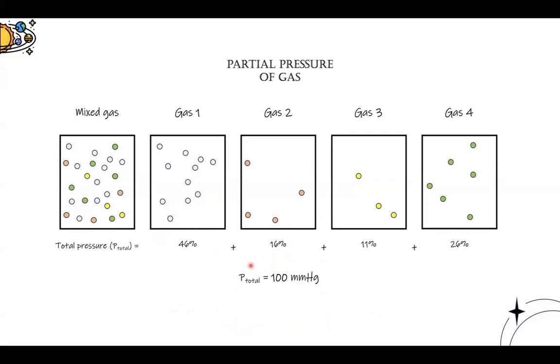And this is a very important concept. I'll explain it more, but the fractions haven't changed. So can you tell me the partial pressures of each individual gas if the total pressure is 100 millimeter mercury?